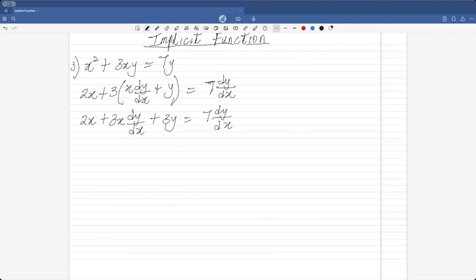And of course, we will isolate the dy/dx. So we can say that 3x dy/dx minus 7 dy/dx equals 2x minus 3y.